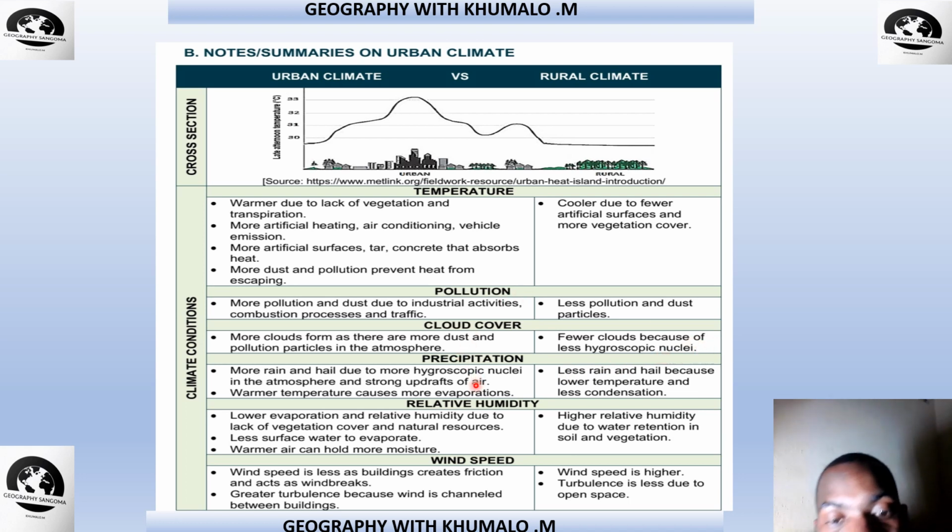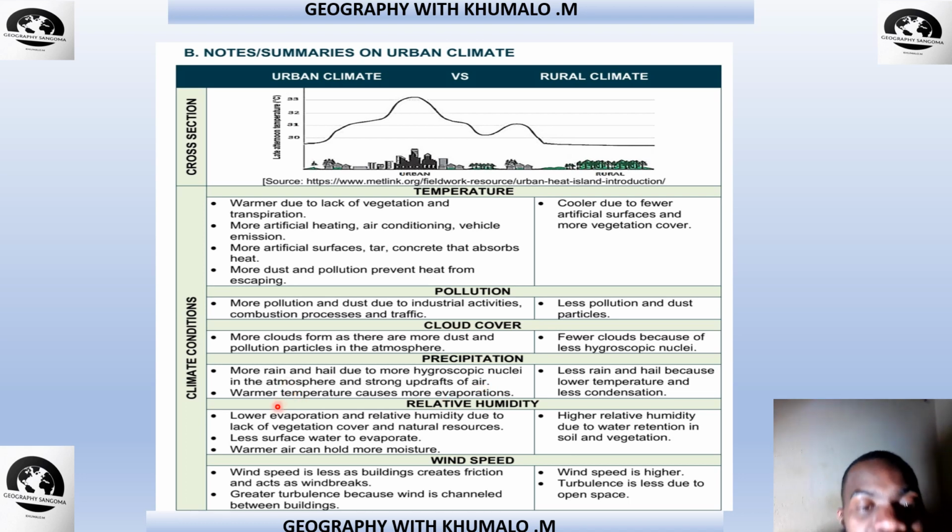And then we talk of precipitation. Remember, precipitation is any form of water that comes back from the atmosphere in the form of rain, snow, hail, thunderstorms, whatsoever. So there is more rainfall and hail due to more hygroscopic nuclei in the atmosphere and strong updraft of air in the urban areas.